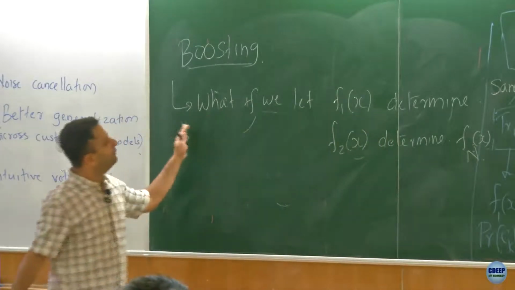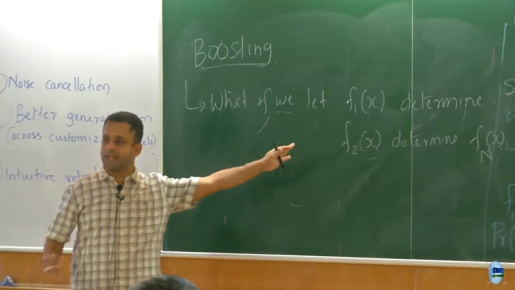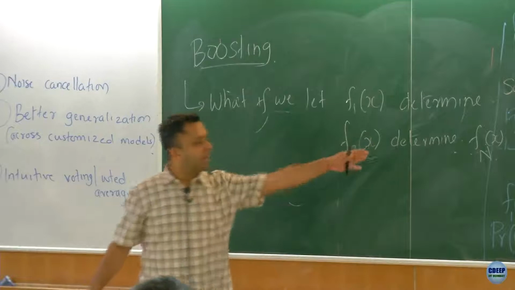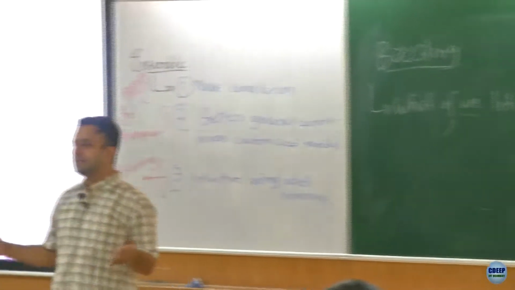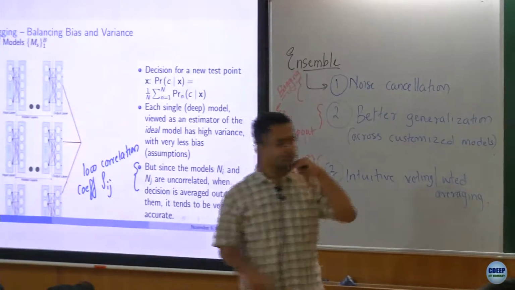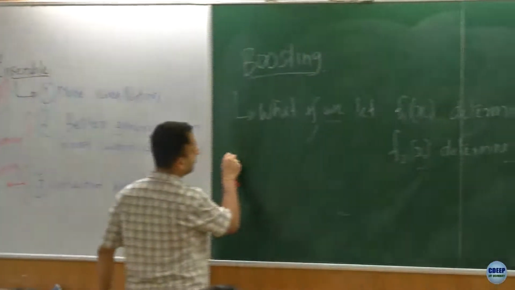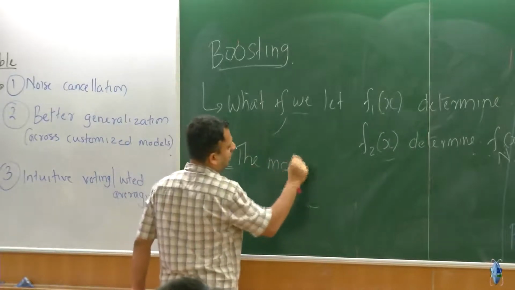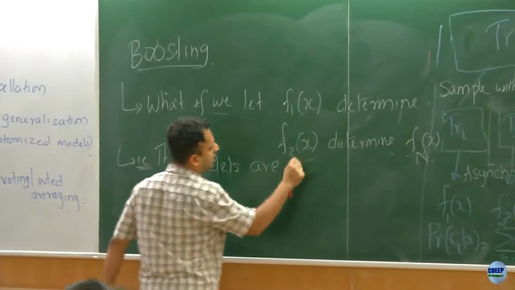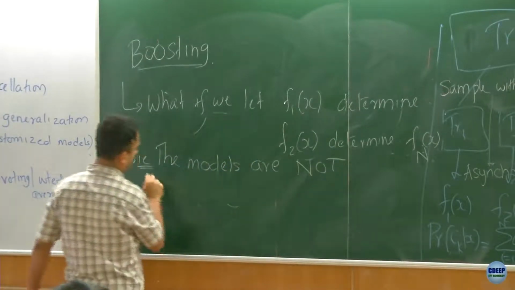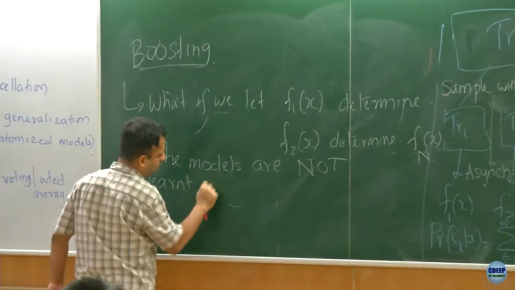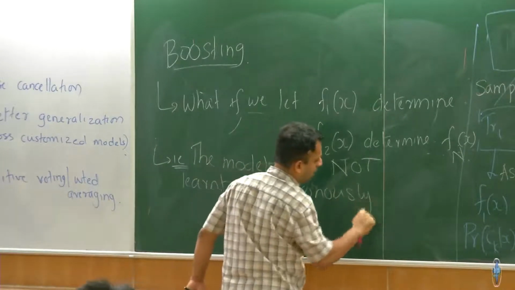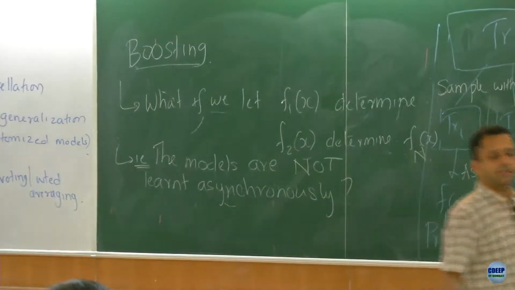So what if we let f1(x) determine f2(x), and f2(x) determine f3(x), and so on up to fn(x)? These models are not learned asynchronously, there is some synchronization.